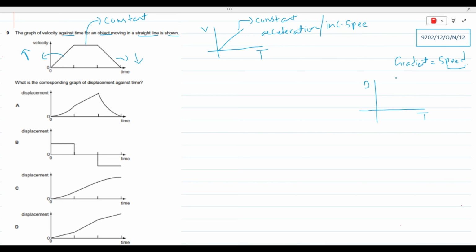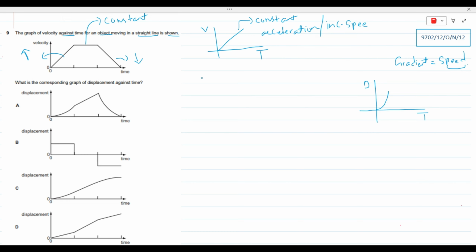So increasing speed in displacement time graph is made like this, the increasing curve gradient. This shows increase in speed because the gradient of displacement time graph is speed or velocity, right? So in displacement time graph, this should be made like this.